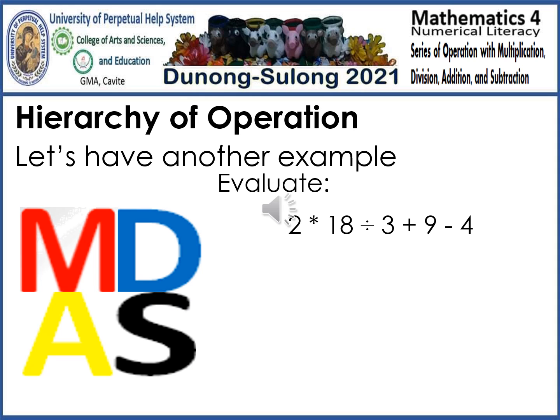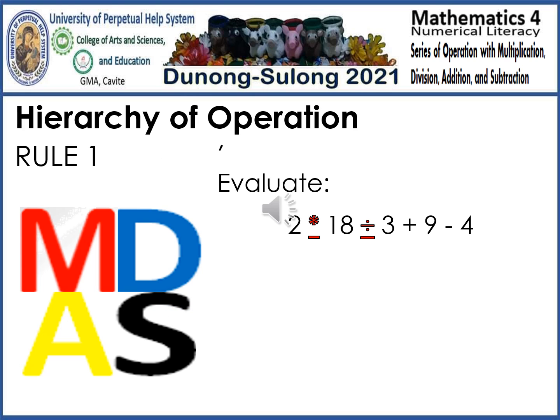To understand more, let's have another example. Evaluate 2 multiplied by 18 divided by 3 plus 9 minus 4. To answer the equation, let's go first to rule 1, which is multiplication or division must be operated first before addition or subtraction.